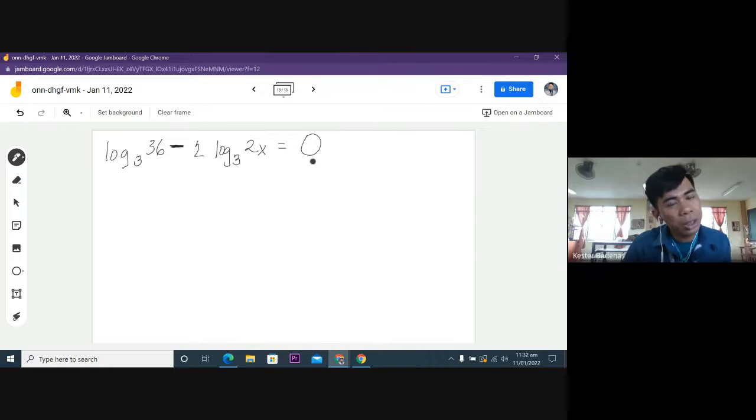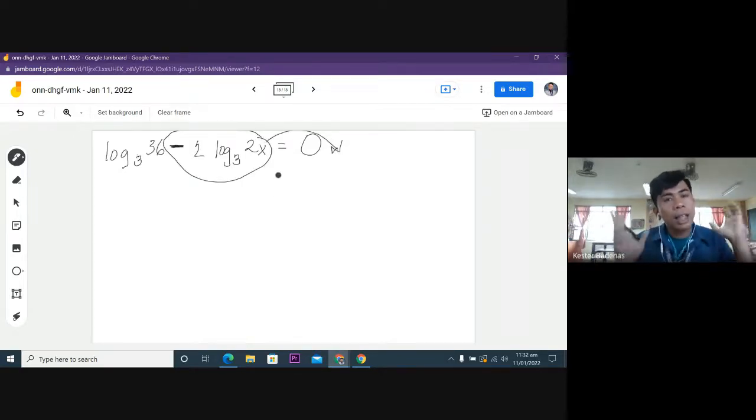Tapos may zero dito. Para mas mabilis yung ating pag-solve, ilipat natin to, class, sa kabilang side ng equation instead of applying the quotient rule. Okay? Kasi pag nilipat natin yan sa kabila, mas madali natin makakancel yung logarithm of 3.